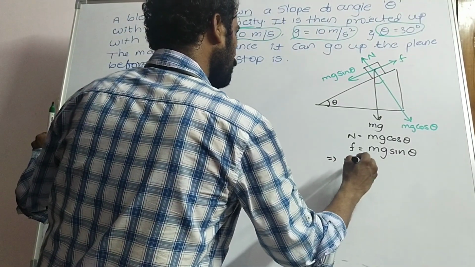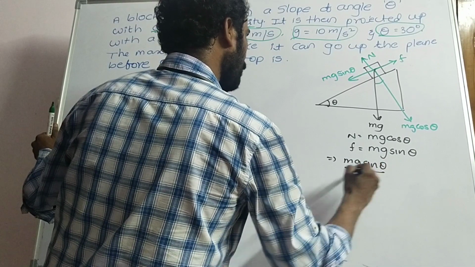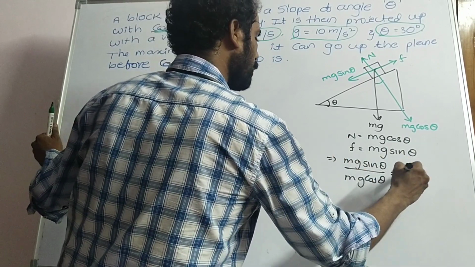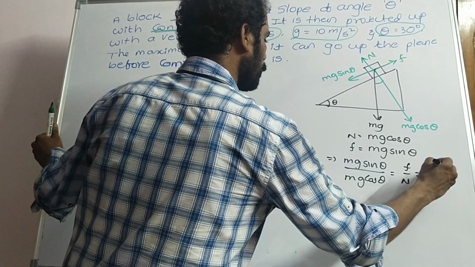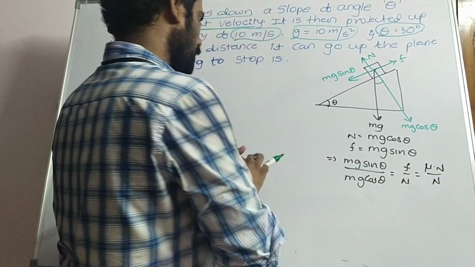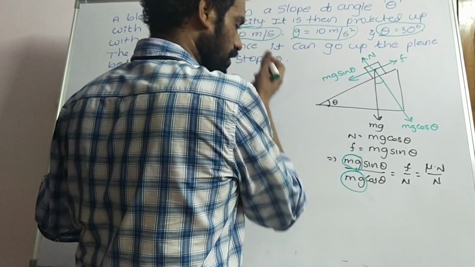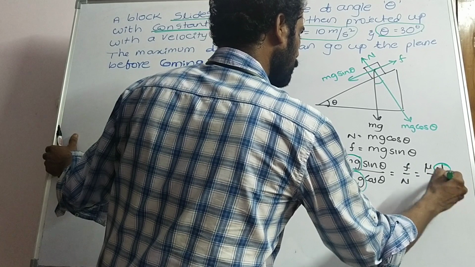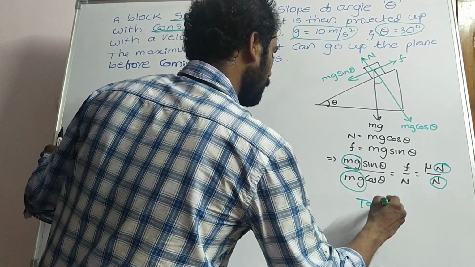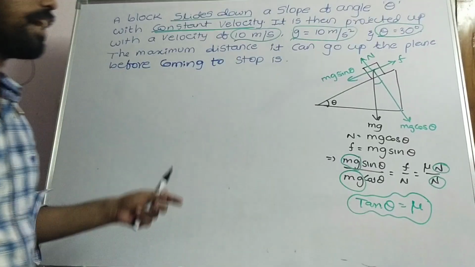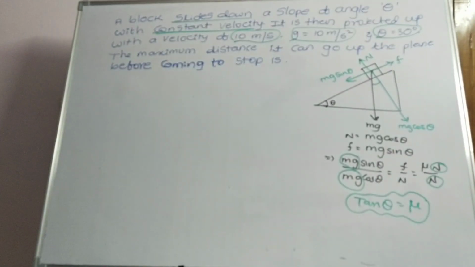Now mg sin theta by mg cos theta is equal to F by N, frictional force by N, and that is equal to mu into N by N. Here mg, the weight of the body, gets cancelled, and normal reaction also gets cancelled. So finally we get tan theta is equal to mu. Coefficient of friction is equal to tangent of the angle of inclination. That is tan theta is equal to mu.